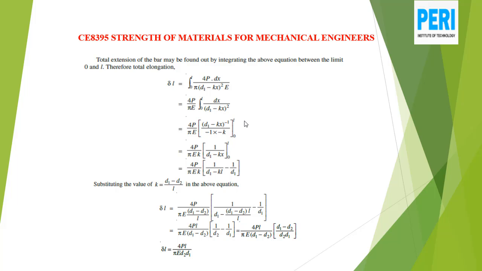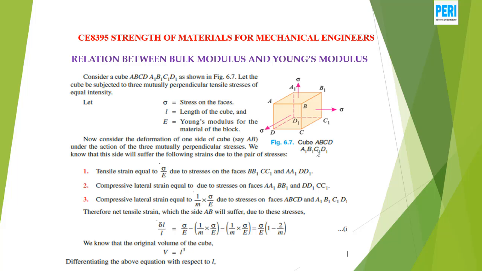Then applying limits, we get 4P by pi E k times 1 by (D1 minus kL) minus 1 by D1. Then substituting k equal to (D1 minus D2) by L in both places and simplifying, we get 4PL by pi E D1 D2. This is the elongation of the tapered section.